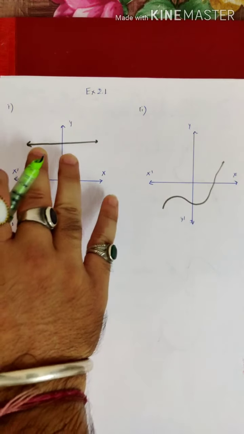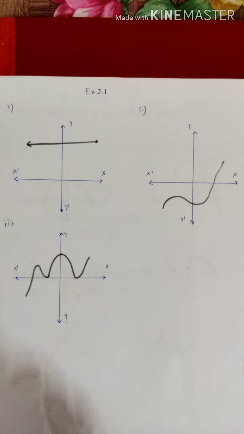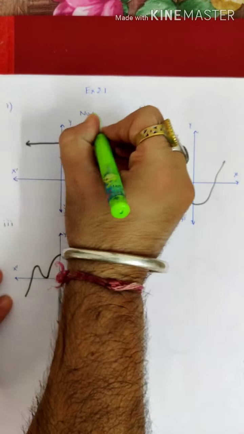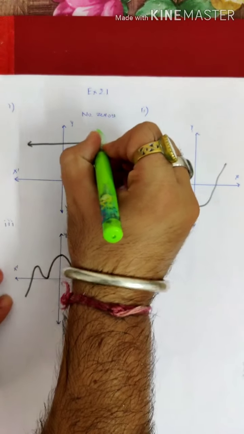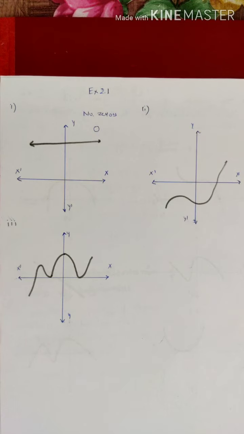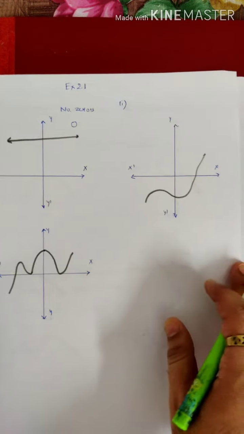As this graph does not intersect the x-axis, we shall say that the number of zeros is 0. We don't have any zero.